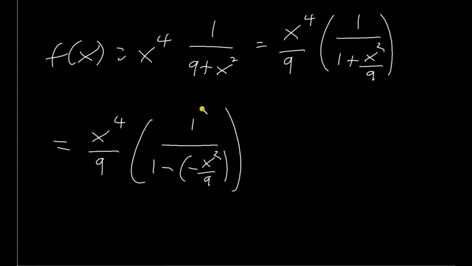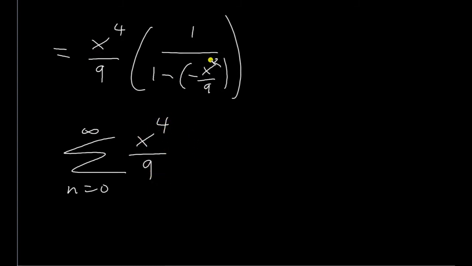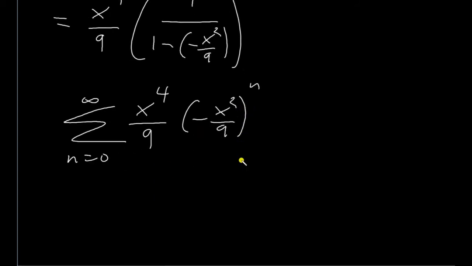So now we do have it in the form that I want, 1 over 1 minus a thing, right? So now to put it in the power series form, it's going to be the sum of n equals 0 to infinity, and I will have this x to the 4th over 9 tagging along. So it's going to be right there, it's not going to go away. And then instead of x to the n, it's going to be negative x squared over 9 to the n. Okay, and now since we know that we're going to be taking the integral of this in a moment, to make the process as easy on ourselves as possible, we'll simplify this stuff here.